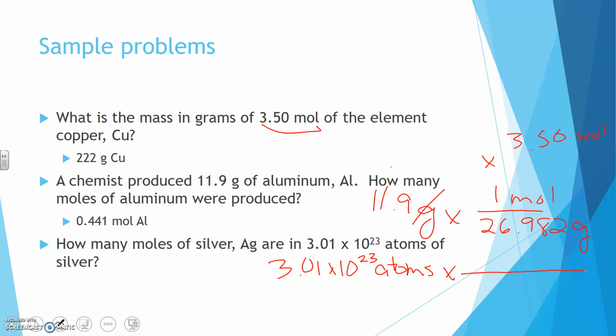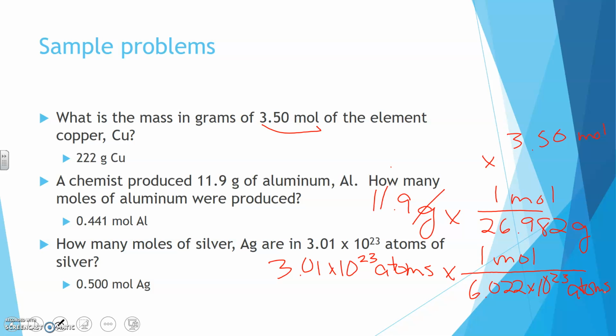They will go on top because that is what we are looking for. So 1 mole on top, and that is over Avogadro's number. Now you do your 3.01 times 10 to the 23rd divided by 6.022 times 10 to the 23rd, and you end up with half a mole of silver.